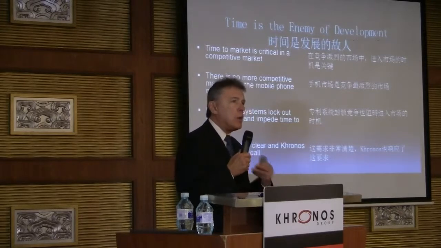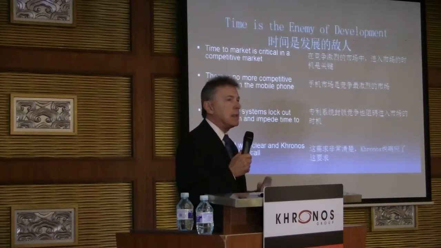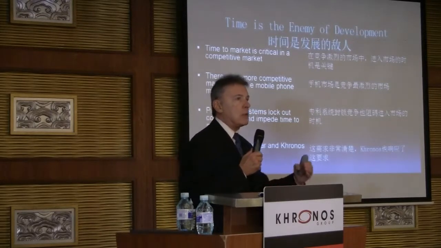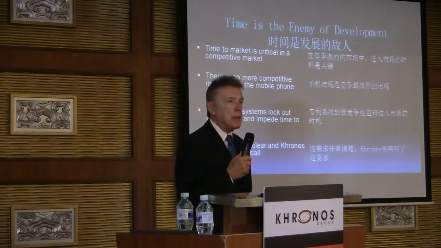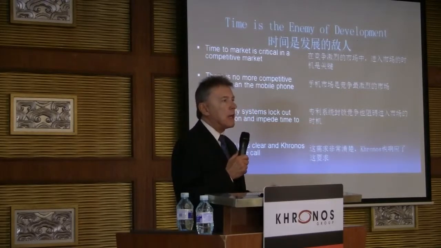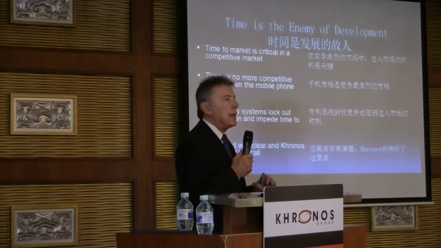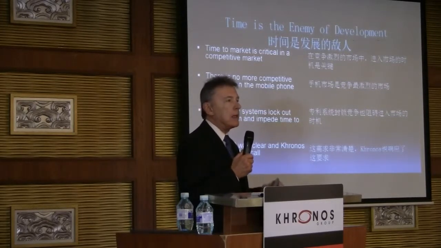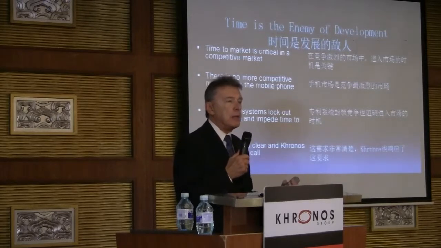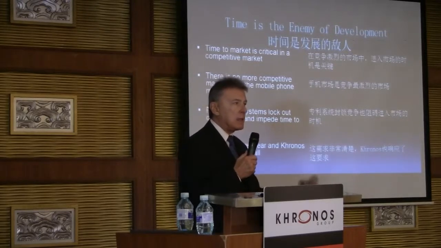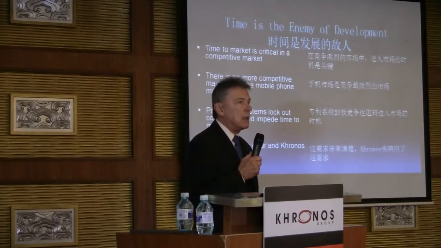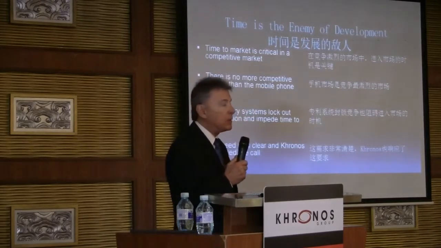We're always under pressure to get things done, to get to market sooner, because there's a lot of competition in the market. There's a lot of very smart companies doing clever things, and we want to get to the market before they do, or at the very least at the same time.